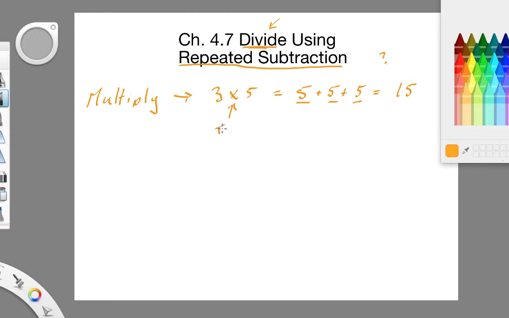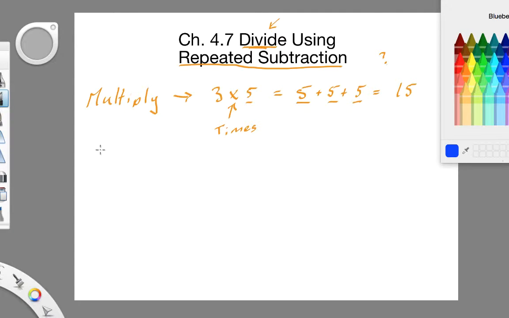That's why this is called times, because we do it 3 times. 3 times is how many times we add 5. All right, that's just for multiplication. Multiplication is repeated addition. Believe it or not, division is also. So we're going to take just a quick look at that.